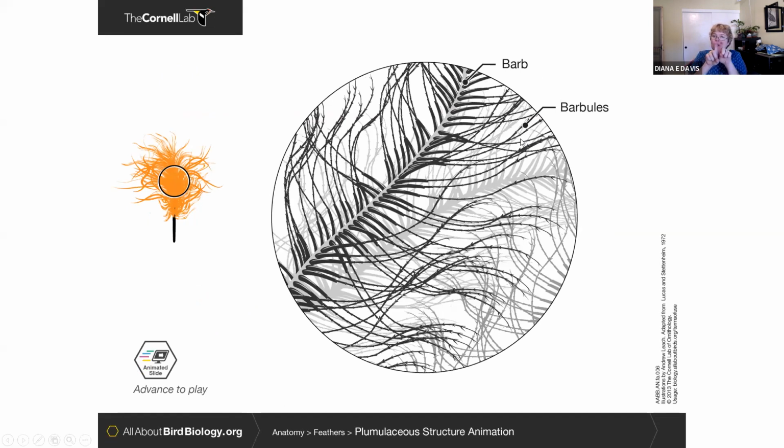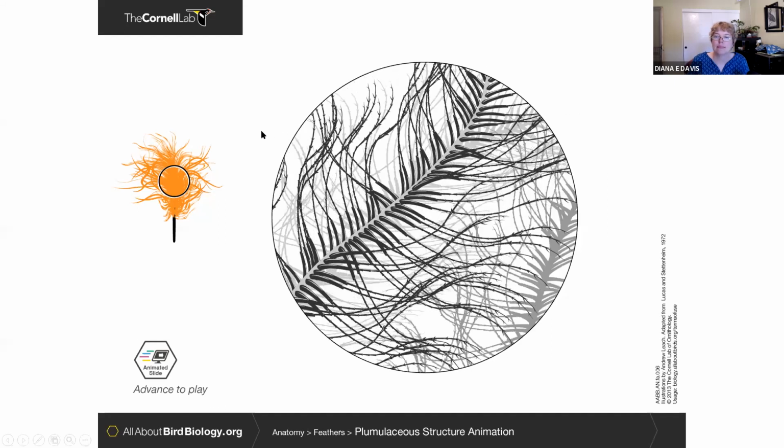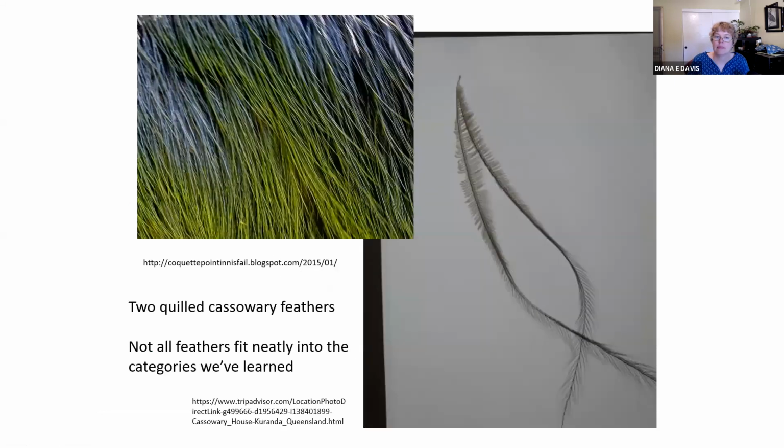The two barbs next to each other are not hooked together in any way, shape. They're just floating next to each other. And this is important to remember.